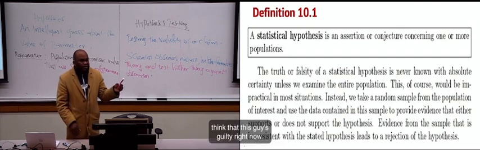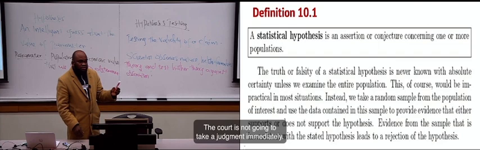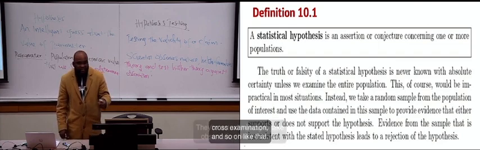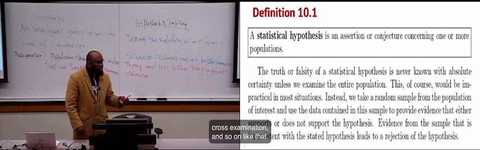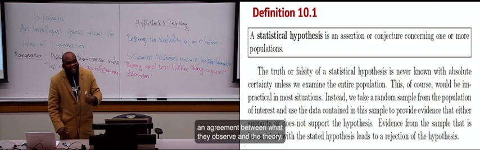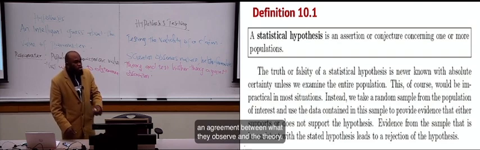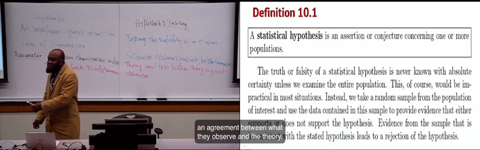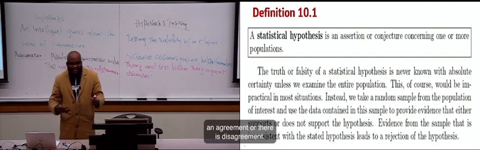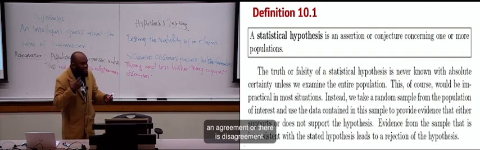Now, the court is not going to take a judgment immediately. They're actually going to take observations, like evidence, cross-examination, and so on. And at the end of the day, they're going to see, is there an agreement between what they observe and the theory? Does that make sense? It's either there's an agreement or there is a disagreement.